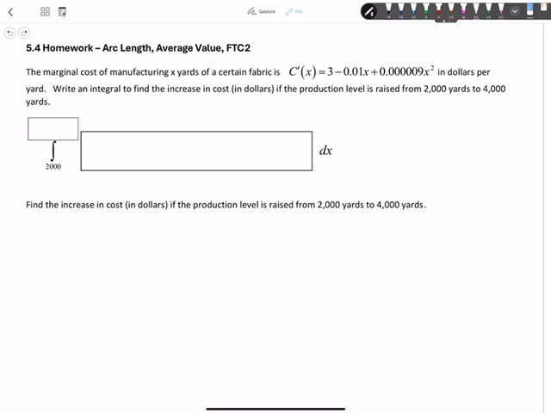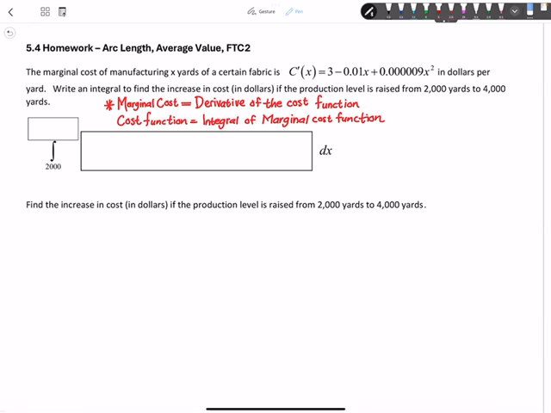Write an integral to find the increase in cost in dollars if the production level is raised from 2,000 to 4,000 yards. The first thing to mention here is that marginal cost is the derivative of the cost function, which is implied here.